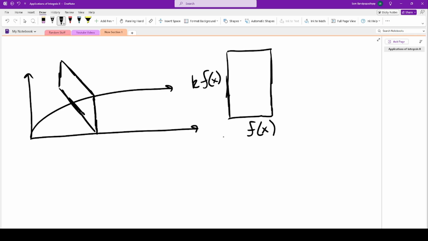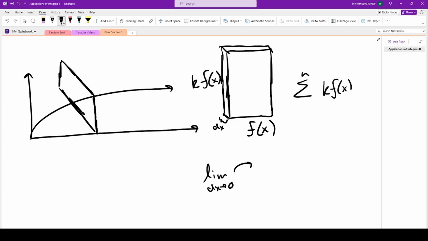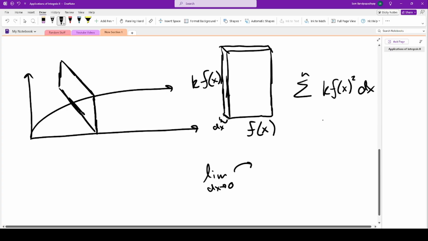K times f of x. Once again, you're going to have this tiny little width dx that you're going to limit to 0, right? Which is going to turn this sum of rectangles. So you'd have the sum of length times width times depth. You turn this into basically an integral, once again, of k f of x squared dx.